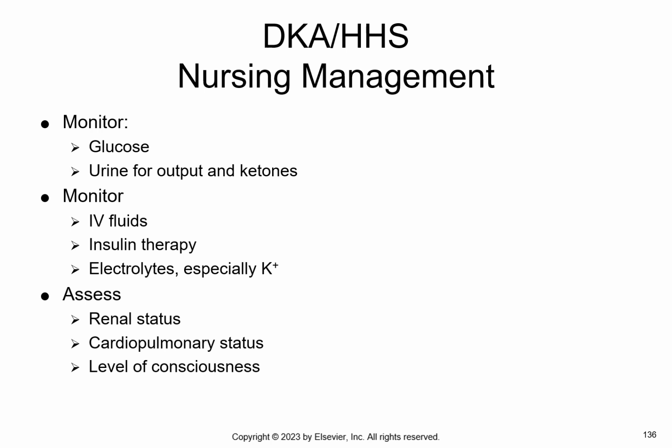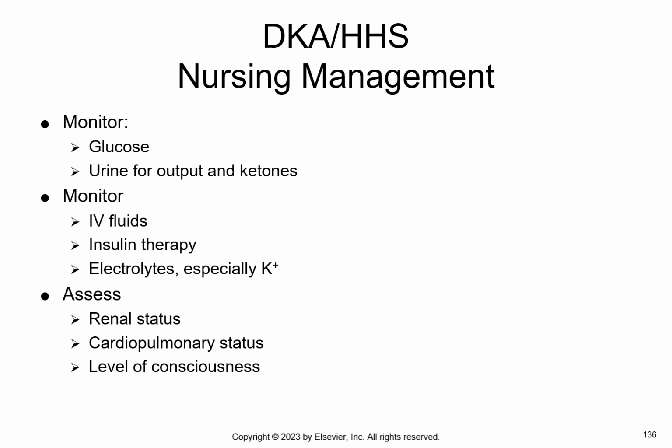Assess renal status and cardiopulmonary status related to rehydration and electrolyte levels, and monitor the patient's level of consciousness. Assess for signs of potassium imbalance resulting from low levels of insulin and osmotic diuresis. When insulin treatment is started, potassium levels may rapidly decrease.